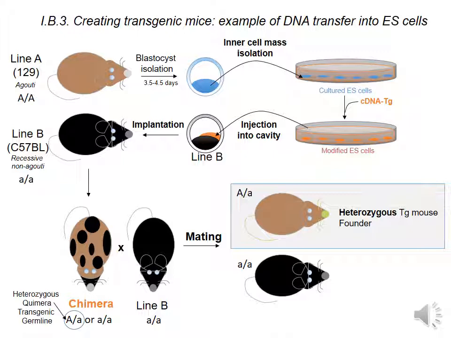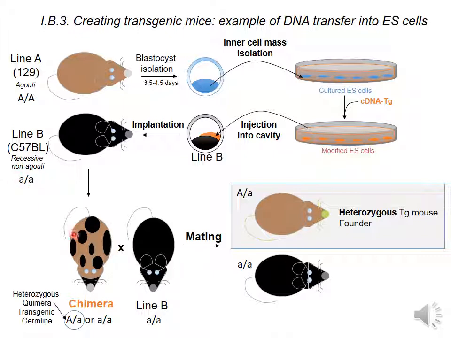The animals used are genetically marked with coat color genes, so that the contribution of the stem cells to the host animal can be determined easily by gene segregation and color distribution. So the animal that we choose as a pseudo-pregnant female has to have a different color. In this case it is a C57BL, which is a recessive non-agouti and has this genotype.